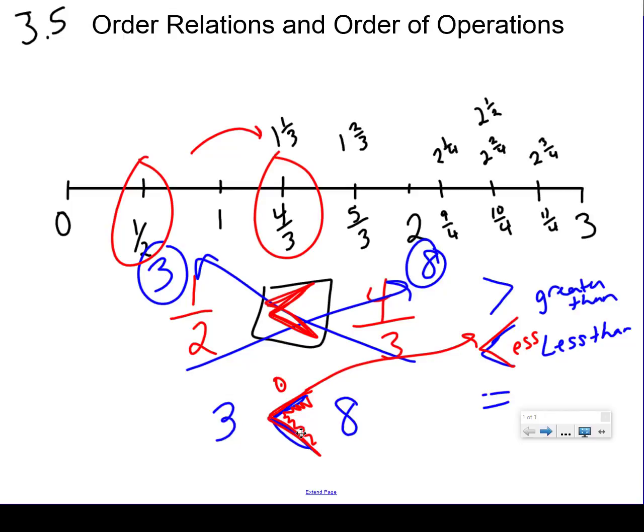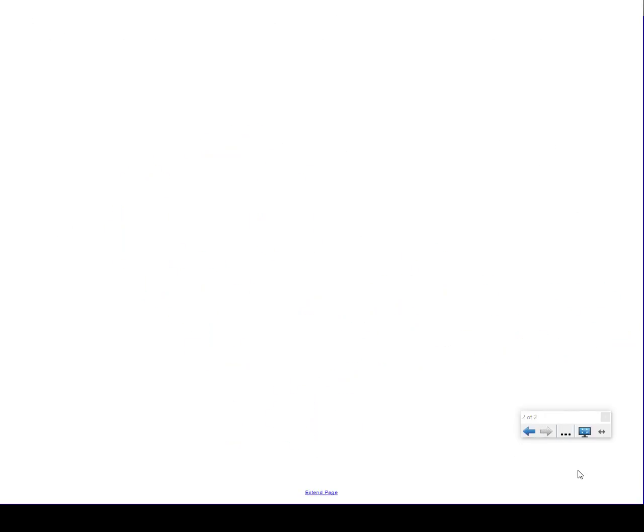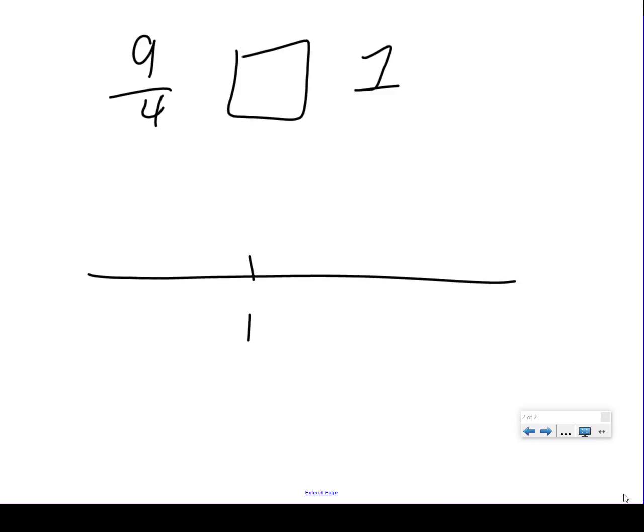Okay, let's try another one. So 9/4 and 1. If I'm talking about a number line, here's 1, and 9/4 is clearly somewhere down here because it's bigger than 1. Anything on the far right side is bigger.